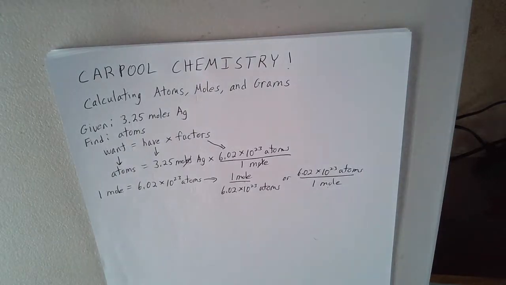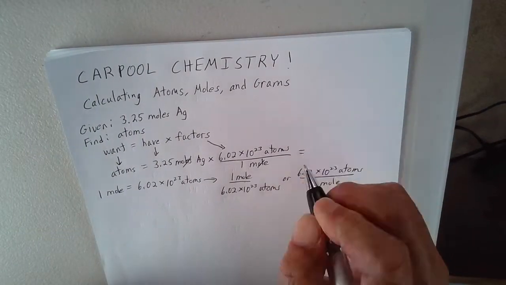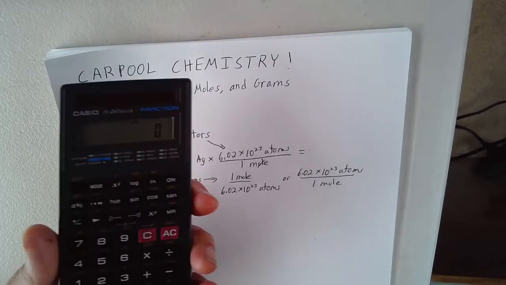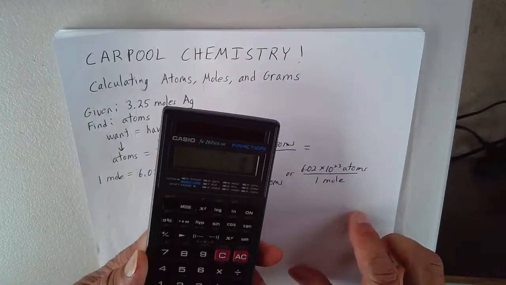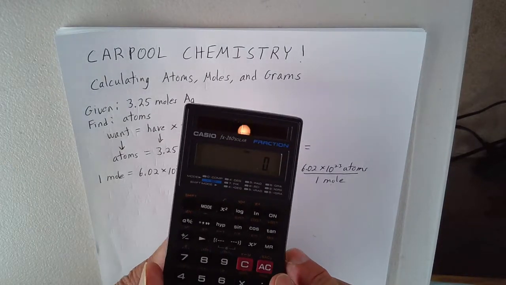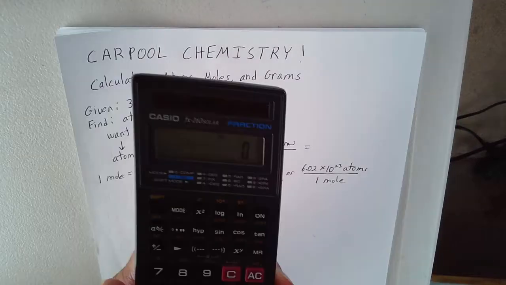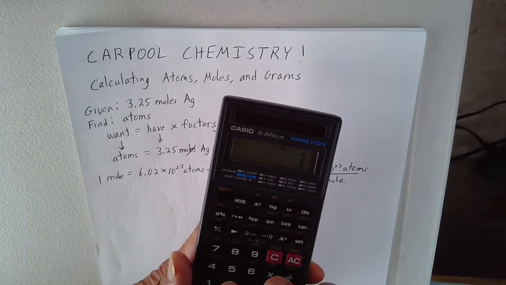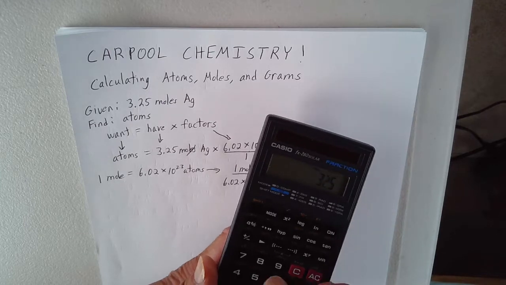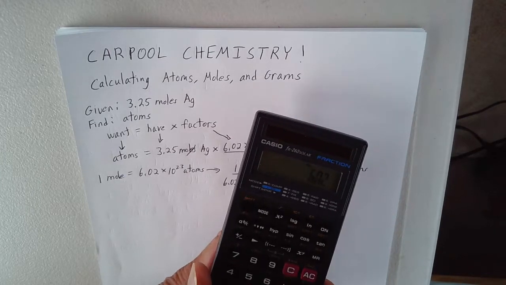Now, how do we calculate this on our calculator using scientific notation over here? All you need to do is use a special button called the EXP or EE button on your calculator. So what we have right over here is 3.25 times 6.02.